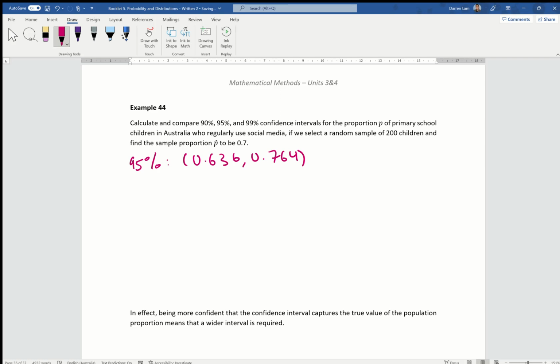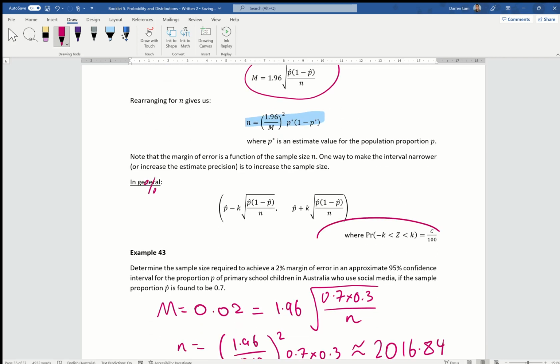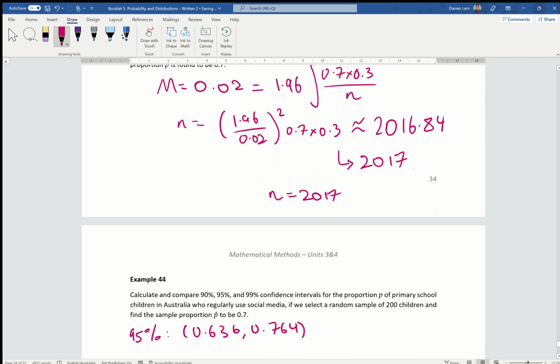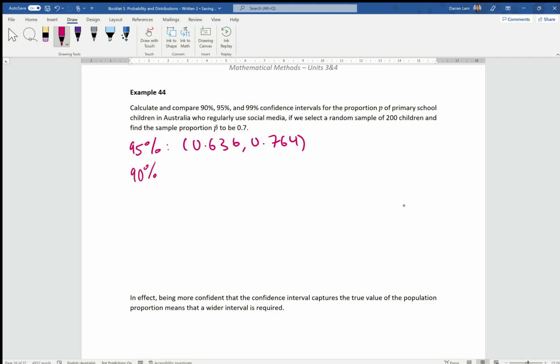To find 90%, we have to use this idea above, where the probability of negative k less than z less than k is equal to c over 100. So the probability of negative k being less than z, being less than k, is 0.9, 90% of course. And we can use the inverse norm CDF, where we have the parameters left, 0.05, 1, and 0.